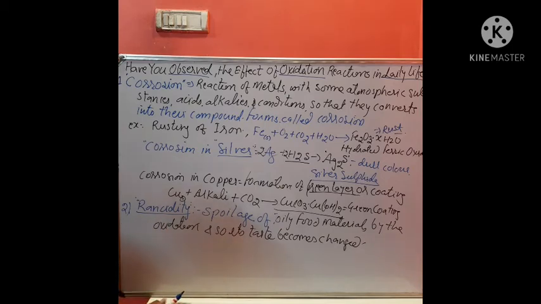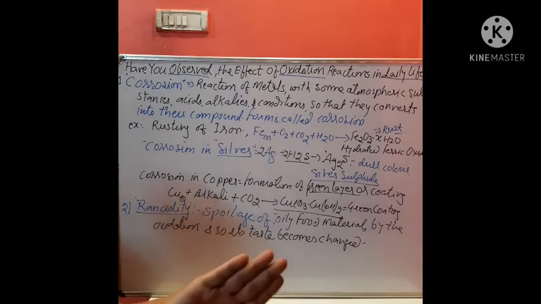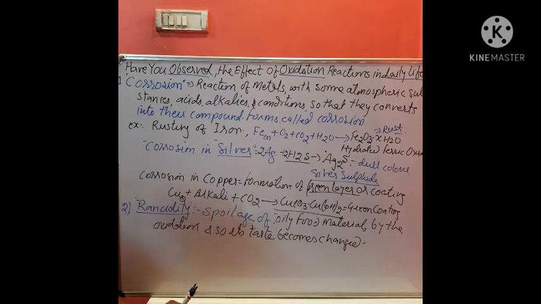Now, what is the role of nitrogen gas? Nitrogen gas is added, but before that the oxygen gas is completely removed from the packet. Why? Because oxygen causes what? Oxidation process. If there is no oxygen, then there will be no oxidation process.